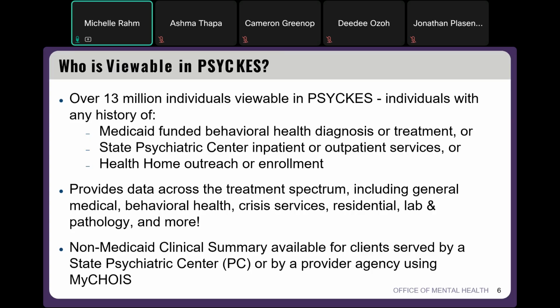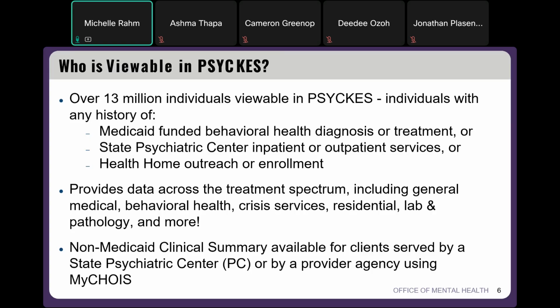We also have general medical information, crisis services, medications, dental and vision, residential services, even lab and pathology. And then we've added this note down here to let folks know that we do have what's called non-Medicaid clinical summaries, and these are available for clients who have either been served by a state PC or by a provider agency utilizing MyCHOIS within the PSYCKES application.